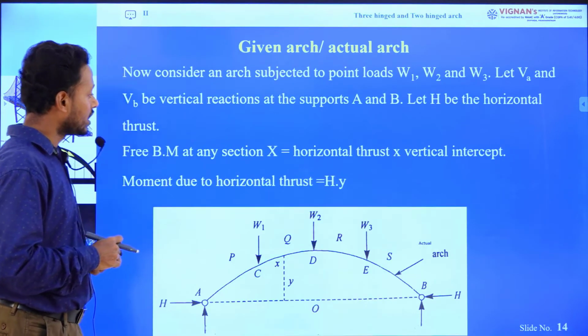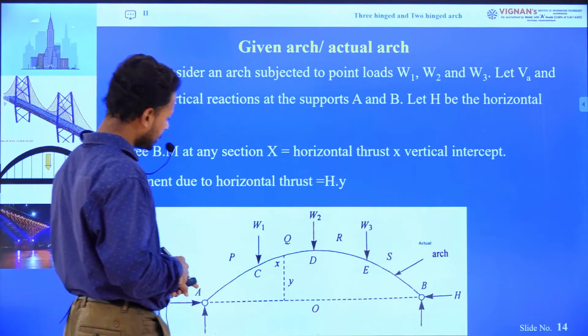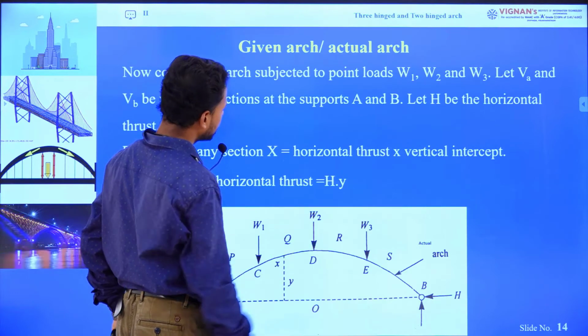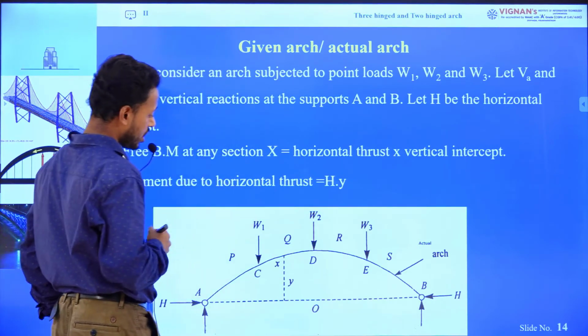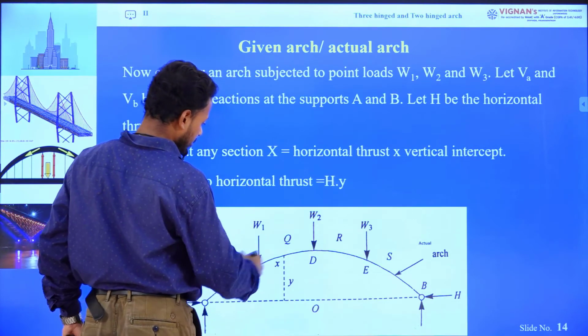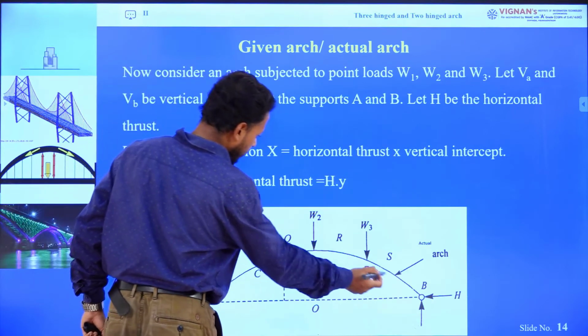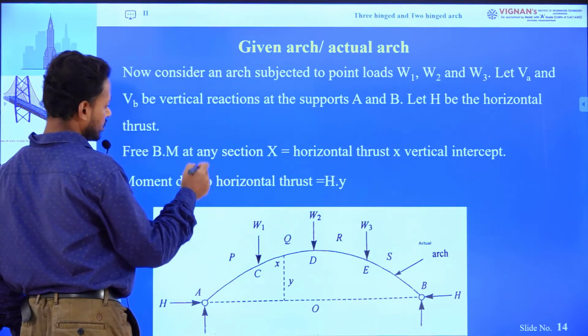Now what is the given arch and what is the linear arch? Here you can consider this arch, when it is a curved line, is called the given arch or actual arch.